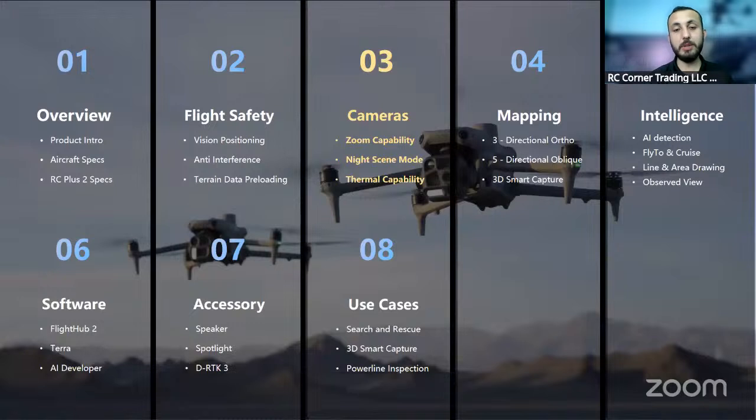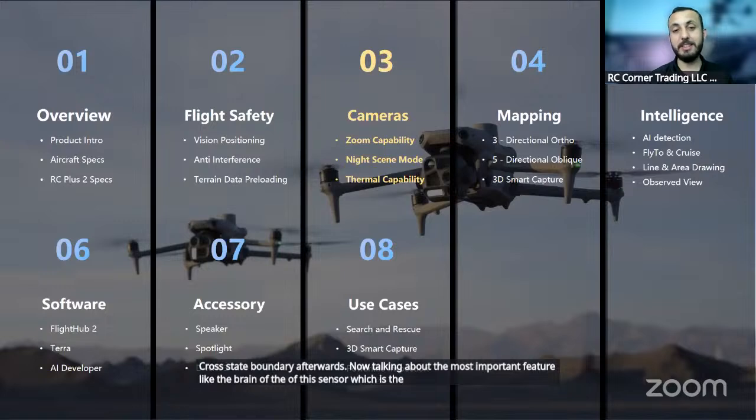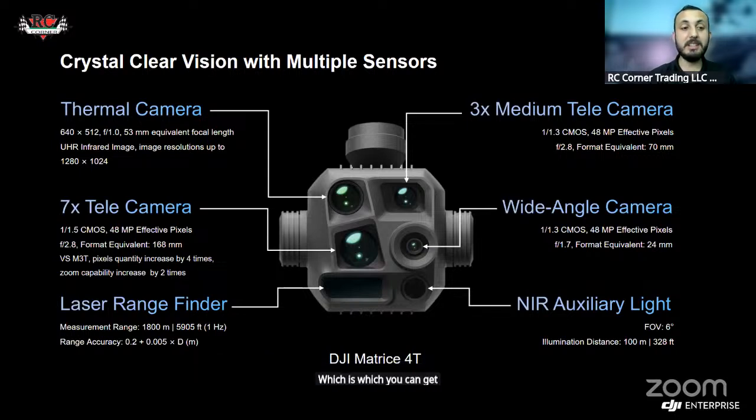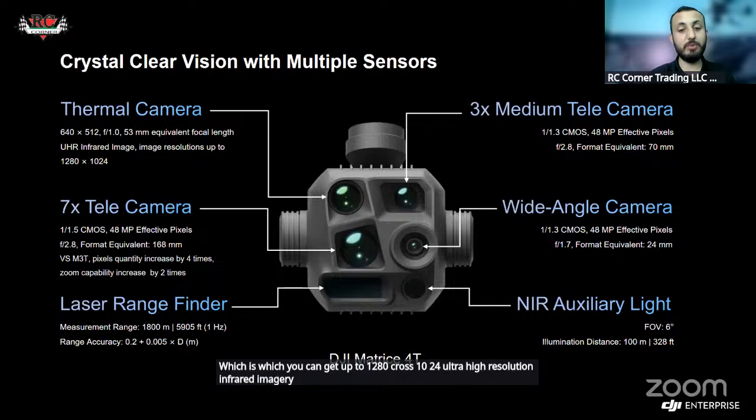Now talking about the most important feature, like the brain of the Matrice sensor, which is the camera and the zoom capabilities. So now we can see the DJI Matrice 4T series. This 4T series has a thermal sensor, which gives you up to 1280 by 1024 ultra high resolution infrared imagery. Yeah. This one we will also discuss in detail.